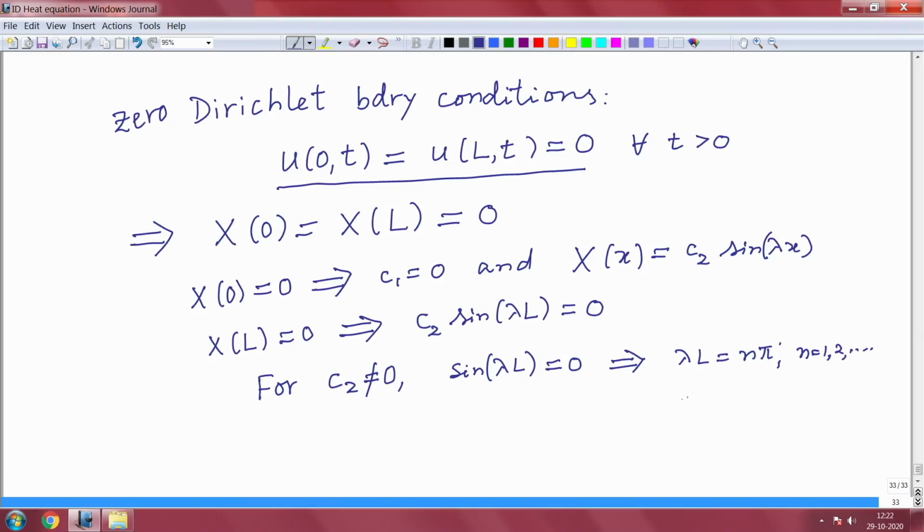So, lambda n is equal to n pi by L. So, this is a general feature of the method.